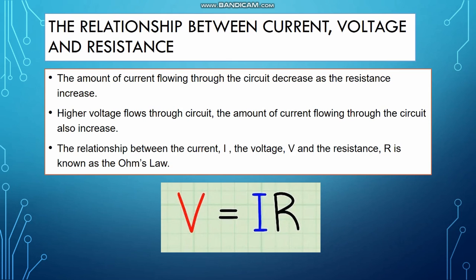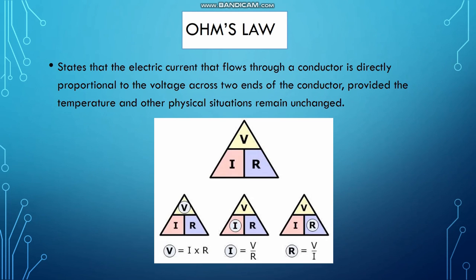These are the relationships between current, voltage, and resistance that you need to know. About Ohm's law, it states that the electric current flowing through a conductor is directly proportional to the voltage across the two ends of the conductor, provided that the temperature and other physical conditions remain unchanged.